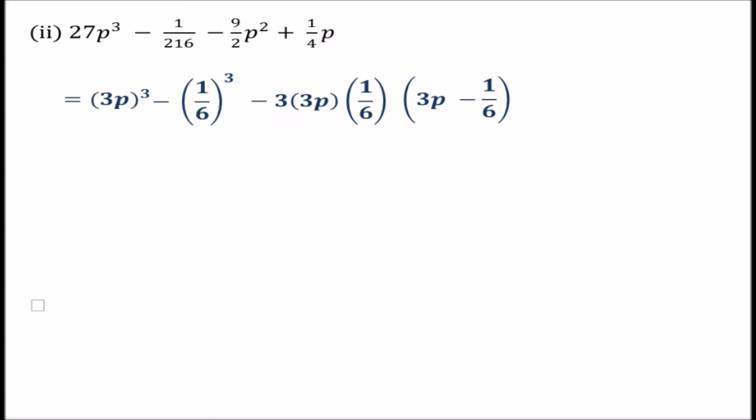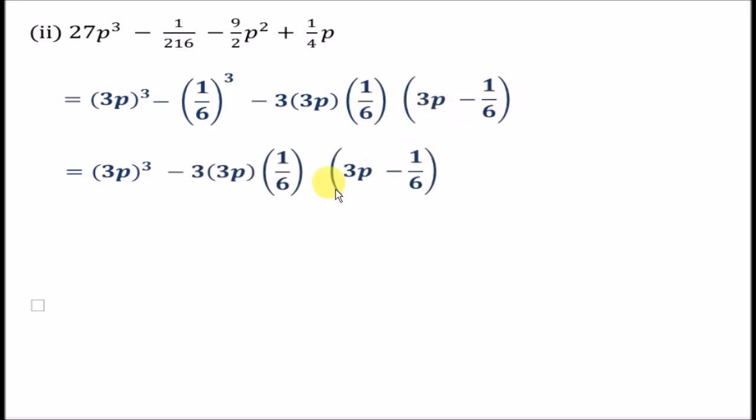However, this is not required. Now let's write the terms in order. 3p whole cube first, a cube first, minus 3 into 3p into 1 by 6 into 3p minus 1 by 6, 3ab into a minus b, and finally b cube, minus 1 by 6 whole cube.